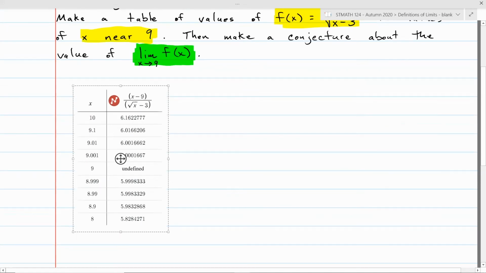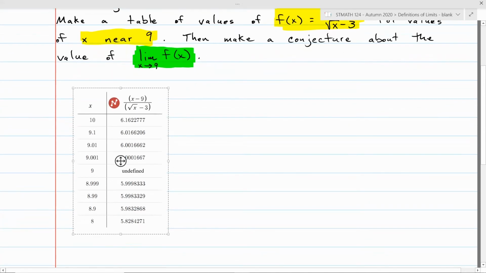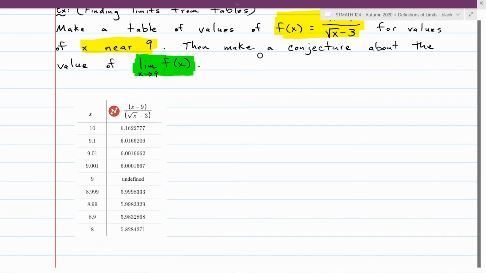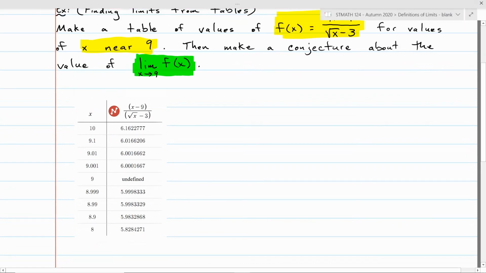Okay, so there's the table of values that I wanted to make a conjecture about the limit as x approaches 9 of f of x. And so what I want you to be noticing from this table is that these values of x are getting closer and closer to 9, but not equal to 9, because we can't plug in 9 exactly, that's undefined.